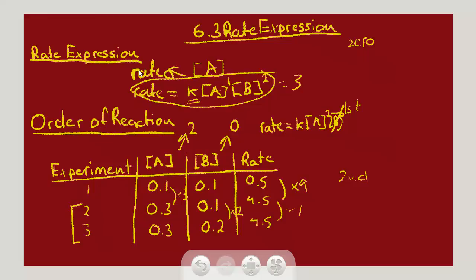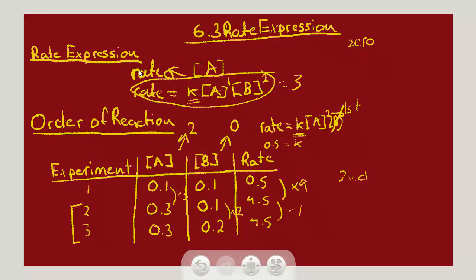So, for example, to actually determine this value of K, we can substitute in known concentrations from our experiment table over here to determine this value. So we know here that the rate, looking at experiment number 1, we see here that the rate is 0.5 equals K times the concentration of A, which is 0.1.